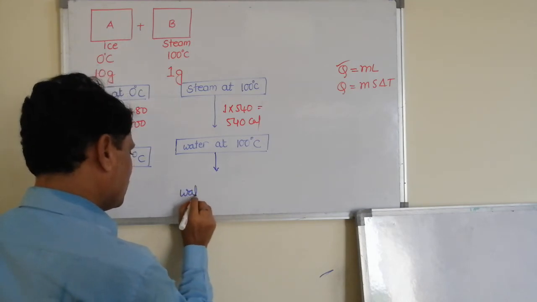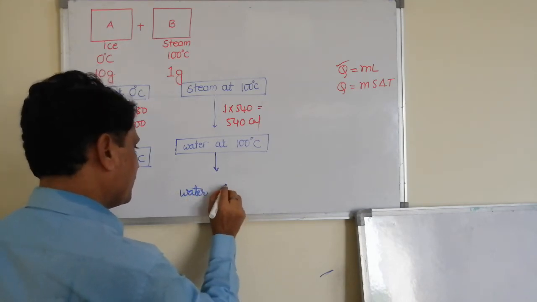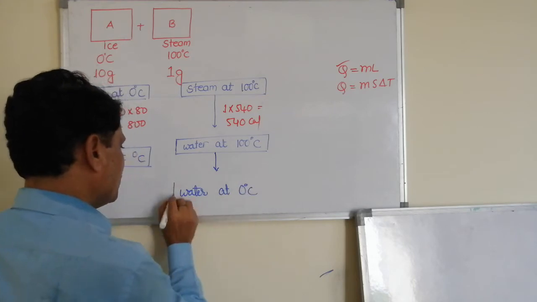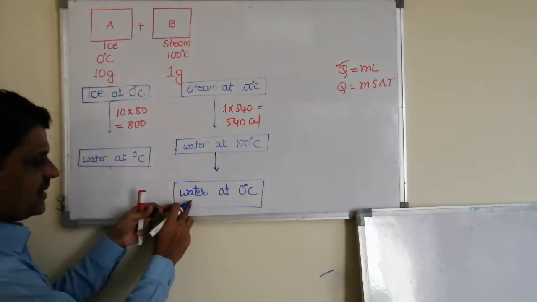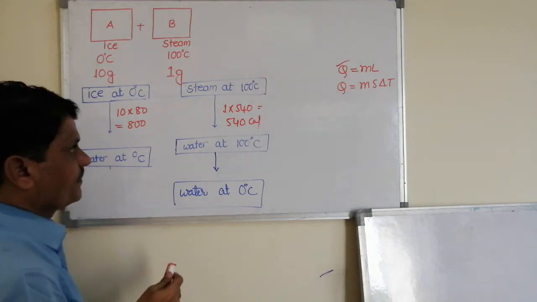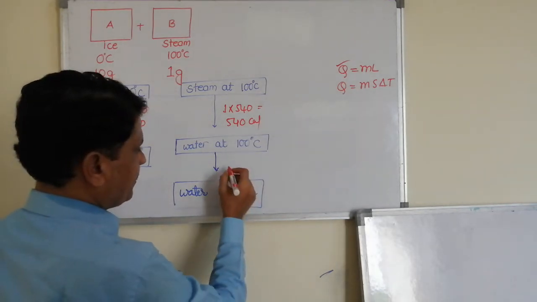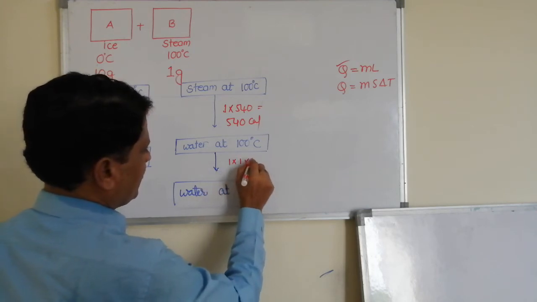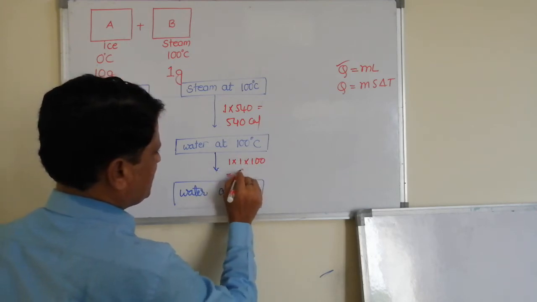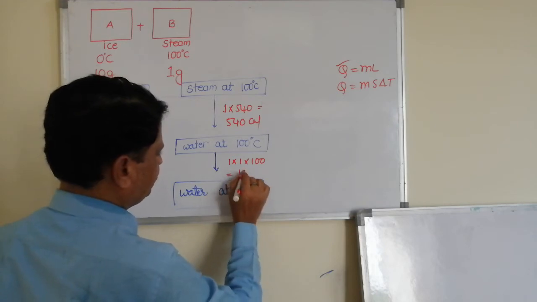So it is water at 0 degree Celsius. For the change of temperature, 1 into 1 into 100 means 100 calorie.